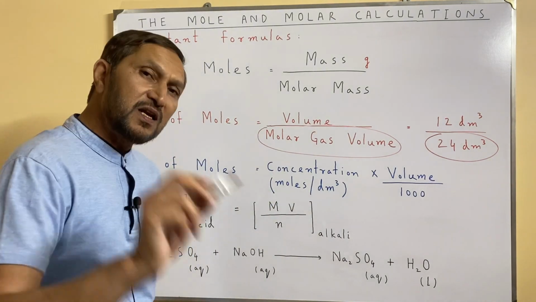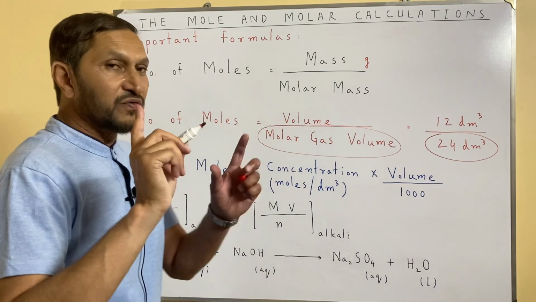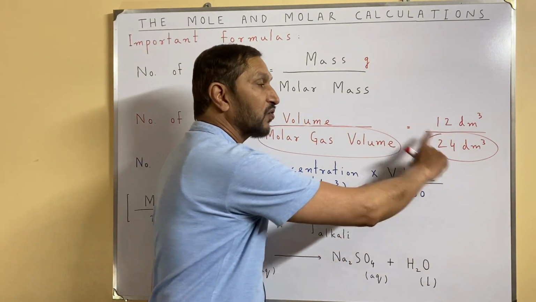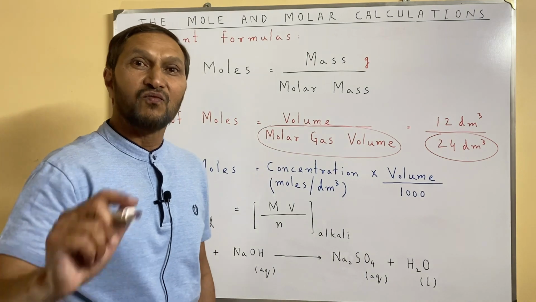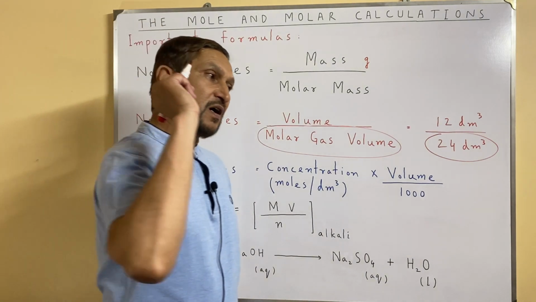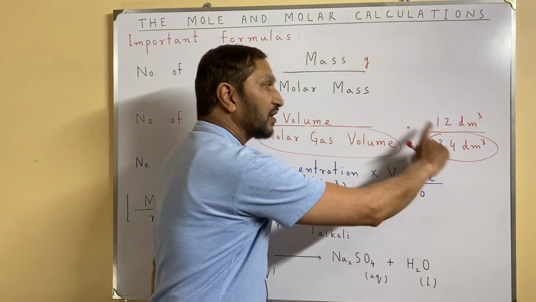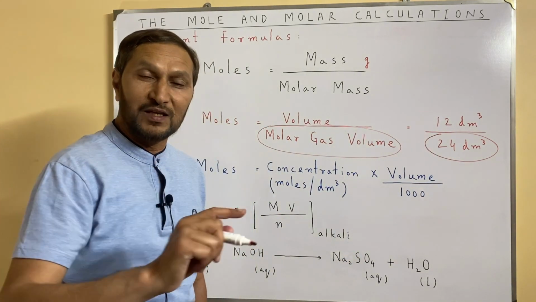It means that for any gas, if you take 1 mole of oxygen gas, it will contain 24 cubic decimeter of volume. If you take 1 mole of hydrogen gas, it will contain 24 cubic decimeter of volume.